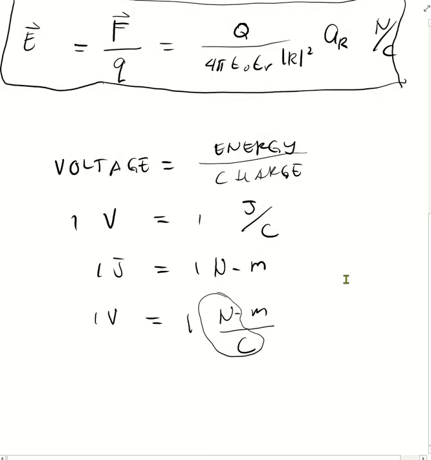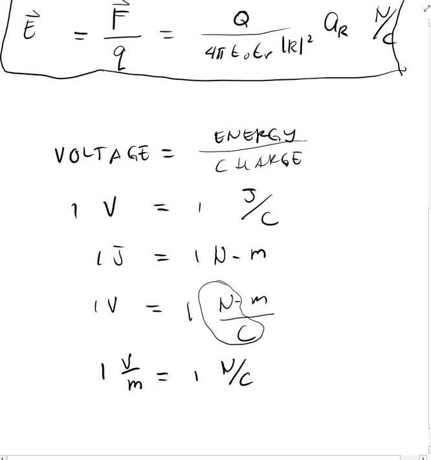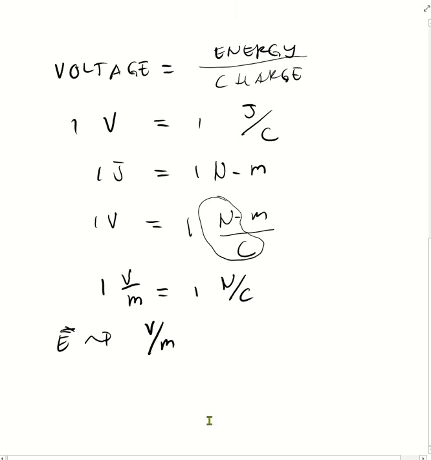So if I cross multiply and put meter at the other side, 1 volt per meter is equivalent to 1 Newton per coulomb. So this means another unit for electric field intensity that we actually use is volt per meter. We use this one instead of Newton per coulomb.